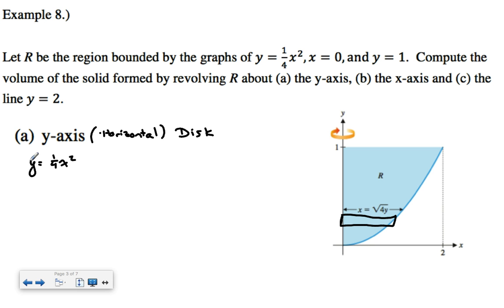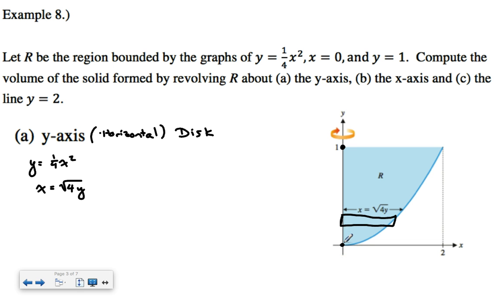So when we do solve this, this turns into x equals the square root of y, or the square root of 4y. I'm sorry. And we're going to have to find new limits of integration. So if I notice, I have my graph going from 0 here to the line y equals 1 up here. And so I'm actually going to integrate from y equals 0 to 1.